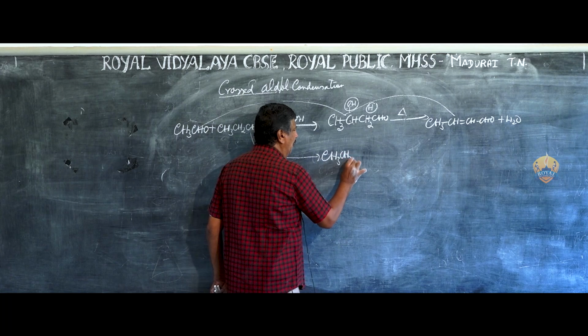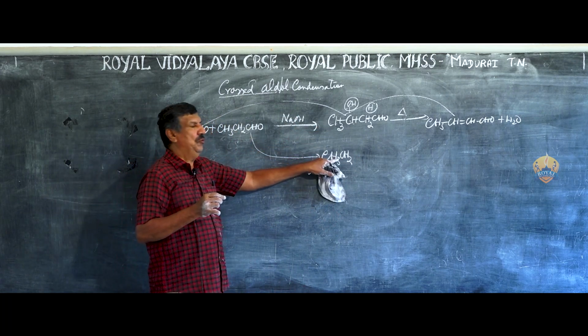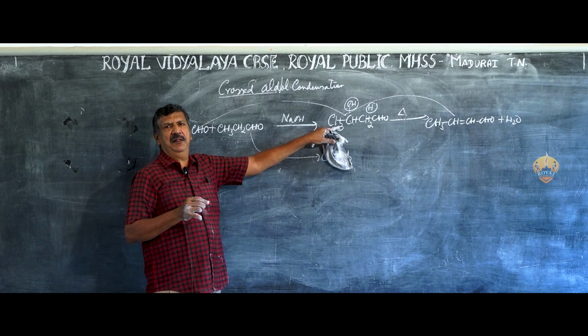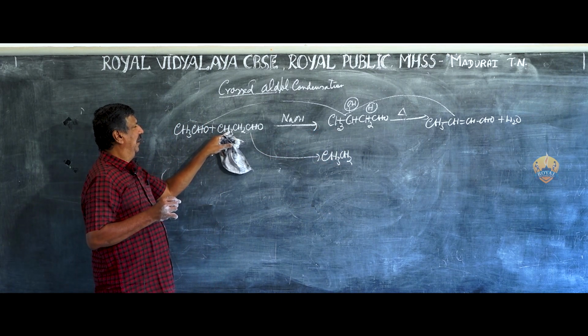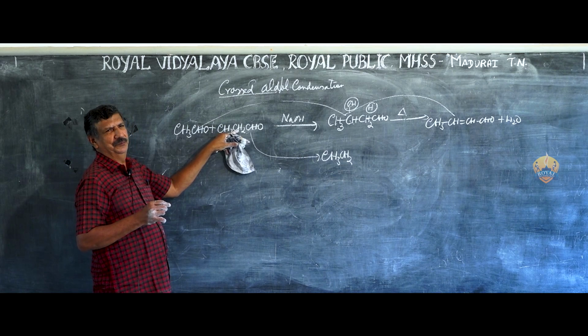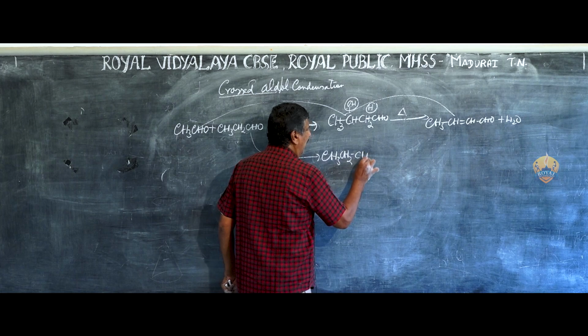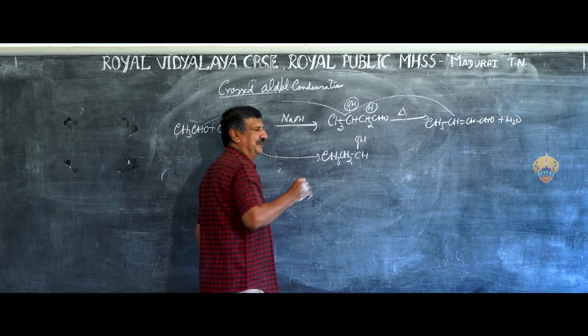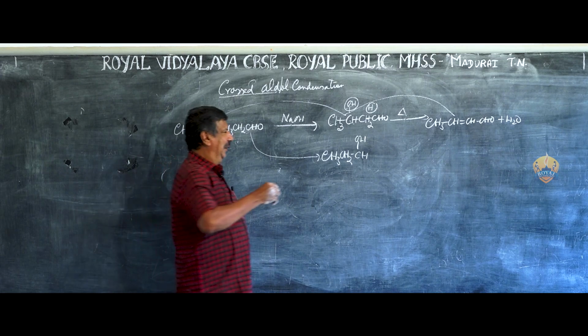CH3, CH2. Why am I writing ethyl instead of methyl? Because they have created one more carbon. Okay. Then what will happen? CHOH, because of the hydroxy group.